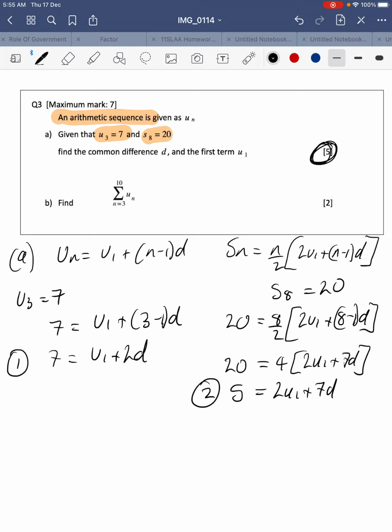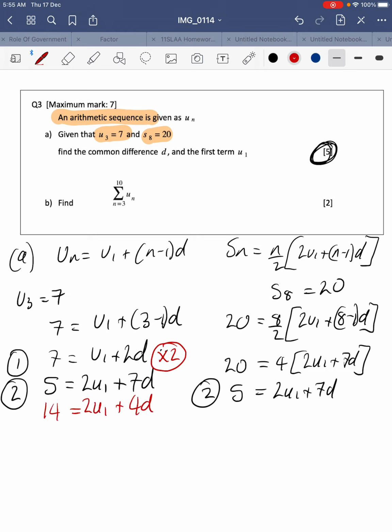In fact, I'll just drag the 2 over to here to line them up. 5 equals 2u1 plus 7d. Now what I'm going to do is times equation 1 by 2 and write it underneath. 14 equals 2u1 plus 4d. I'll call that equation 3.